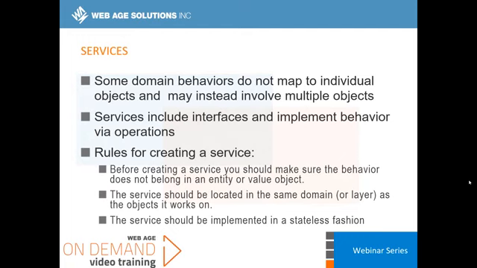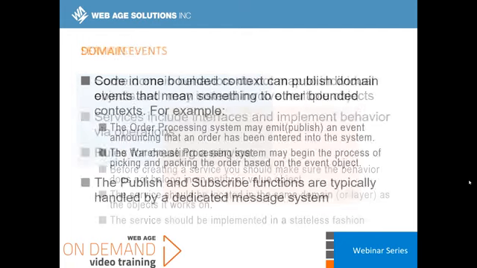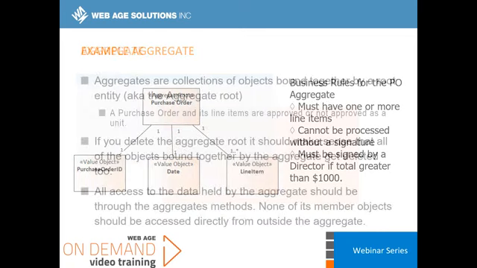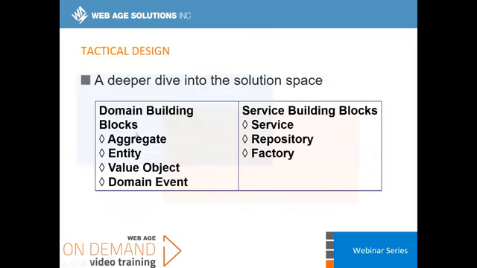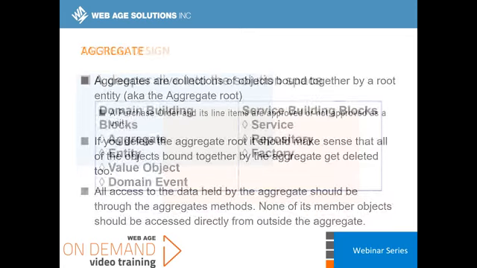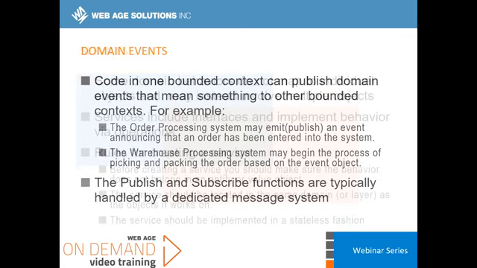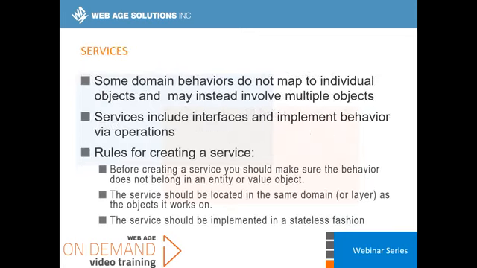So recall from our chart, I will remind you, that aggregate, entity, value object, and domain event were the domain building blocks. Now we're going to jump over and talk about the service building blocks, being service, repository, and factory. So what happens if I have a behavior and I don't know where it belongs?